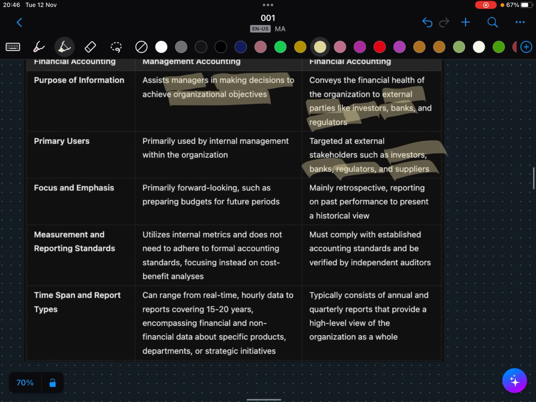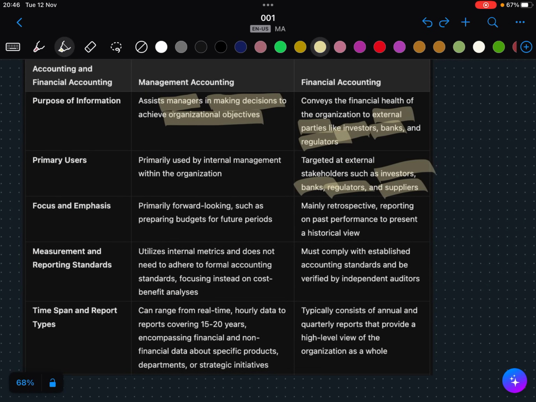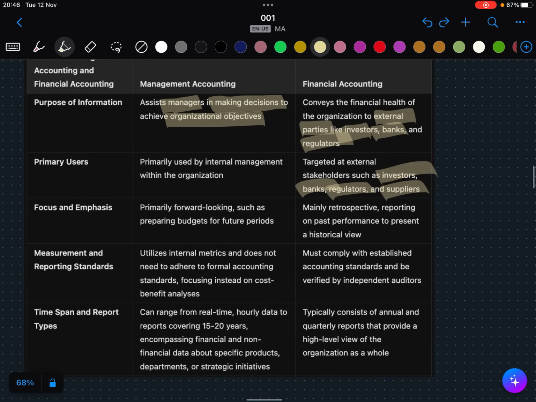What is the focus and emphasis in management accounting? Well, management accounting is primarily forward-looking. We are concerned about the future more than we are about the past.